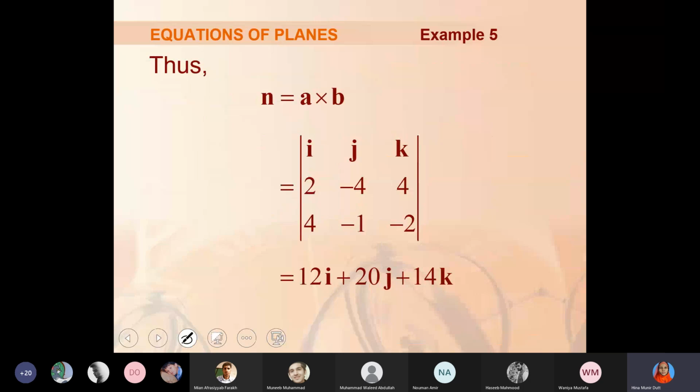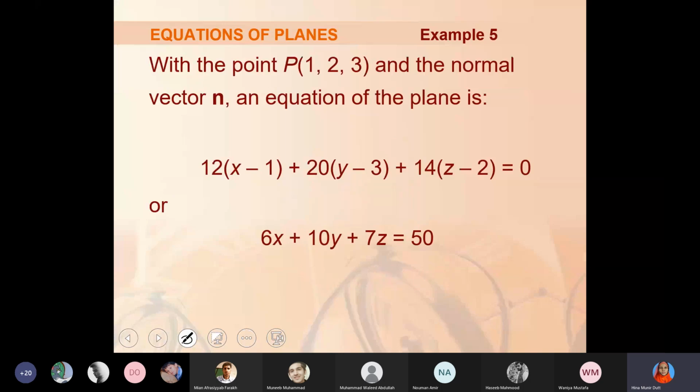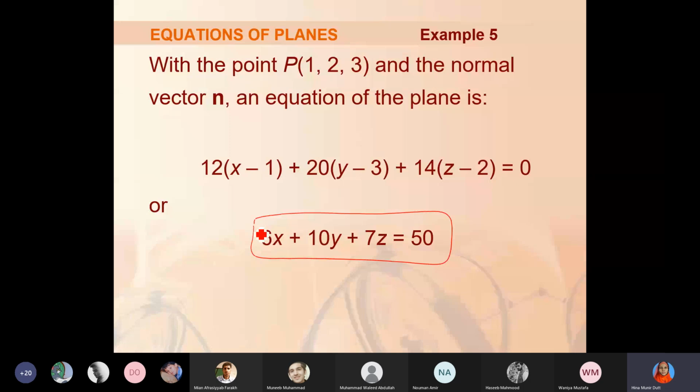This is how you take the cross product, by evaluating this determinant, and then taking any point. You can take the point P, the point Q, or the point R. The equation remains the same; the equation of the plane is unique in this case. This is not the case for the equation of a line, which is not unique. So this is my equation of the plane.